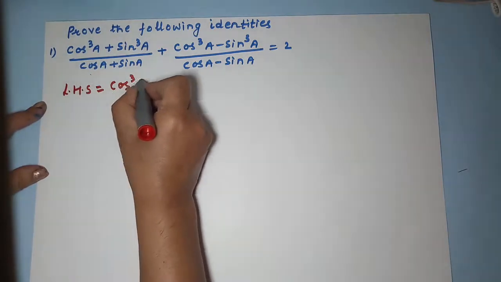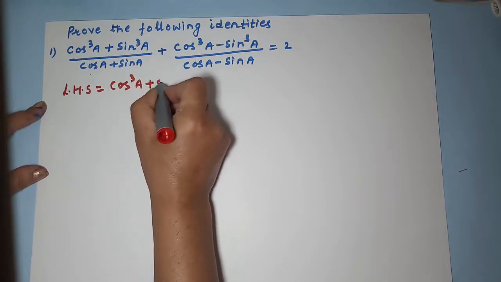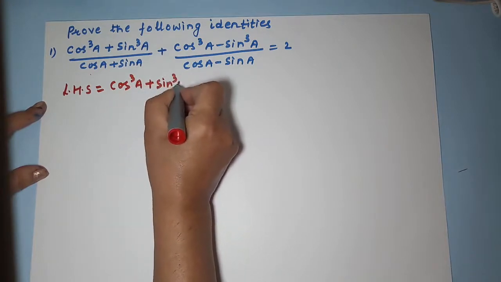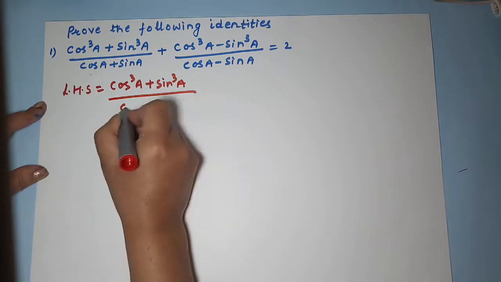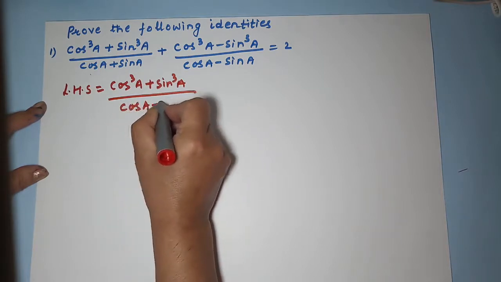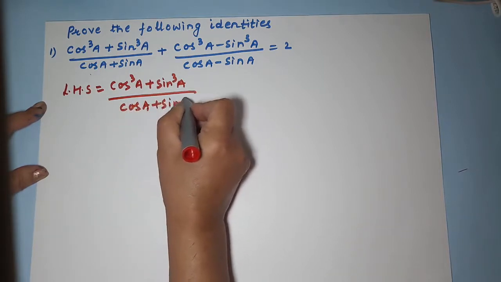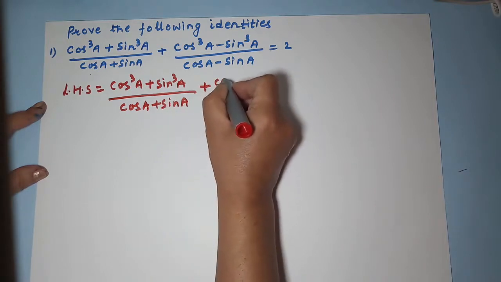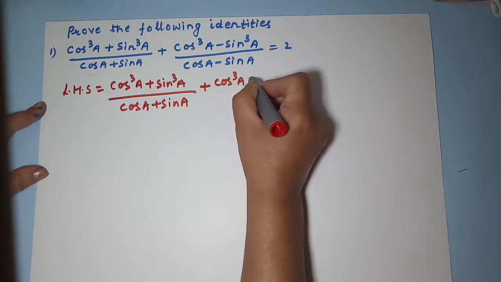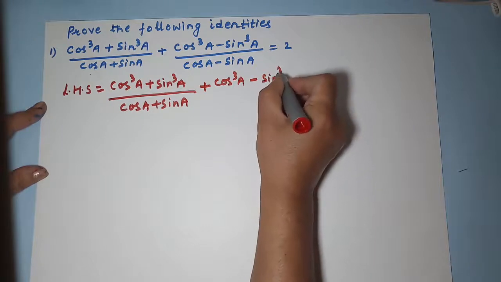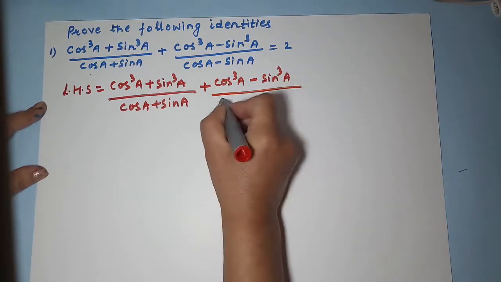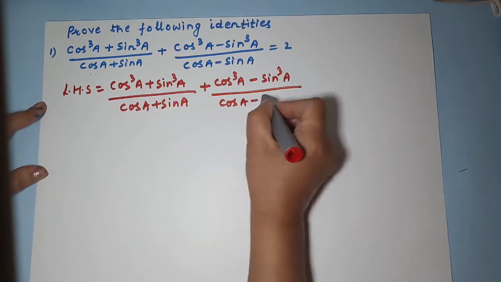Cos cube A plus sin cube A upon cos A plus sin A, plus cos cube A minus sin cube A divided by cos A minus sin A.